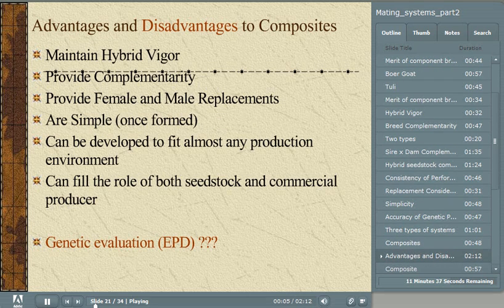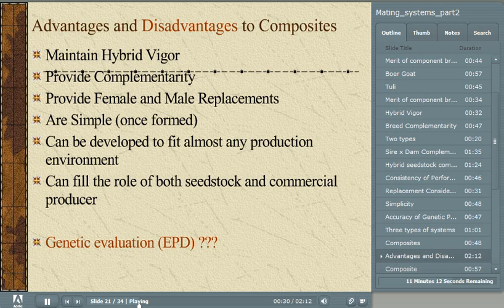Composites maintain hybrid vigor very well, provided you do not inbreed. They also provide for the opportunity to take advantage of hybrid seed stock complementarity. And the unique advantage to composites is that they provide both female and male replacements. So you get the males that come back into your breeding program from this crossbreeding system, as well as the females.